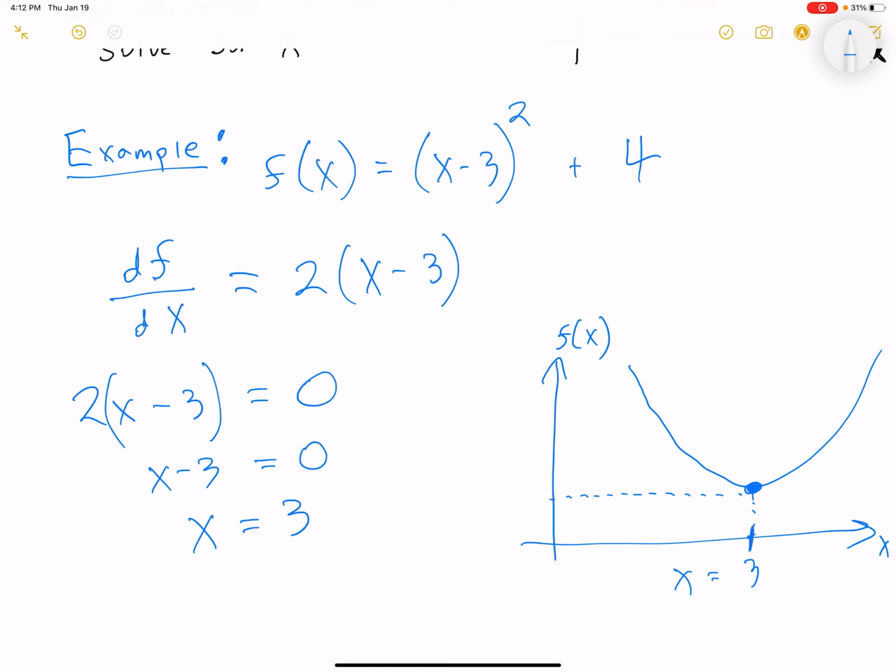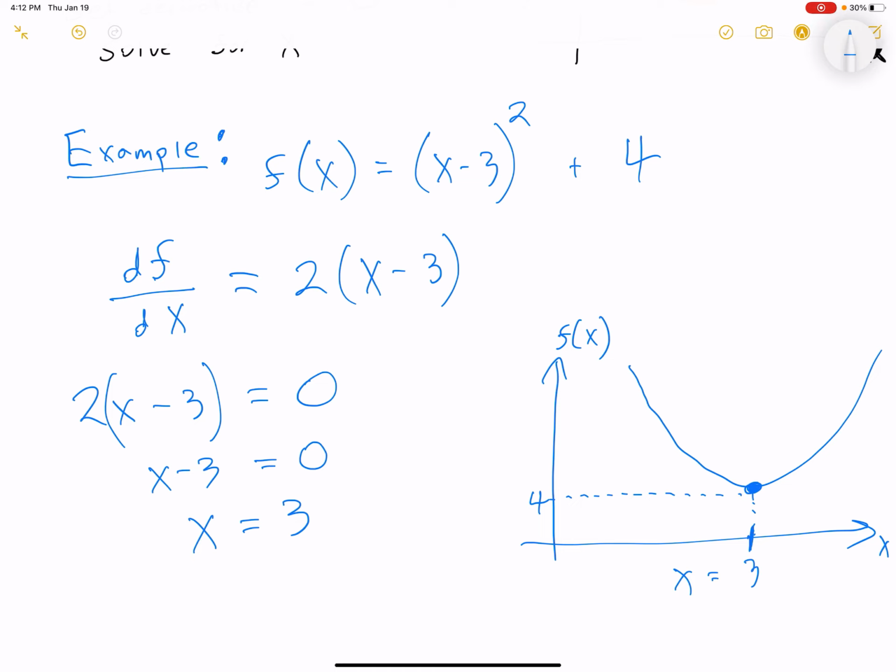And you could plug 3 back into the equation and you'll see that we get 4 as the output because that whole first term is 0 plus 4 is 4. So that is how we find local minimum and maximum of functions. Any questions so far? That was like half of calculus in a few minutes, so I hope that's okay.